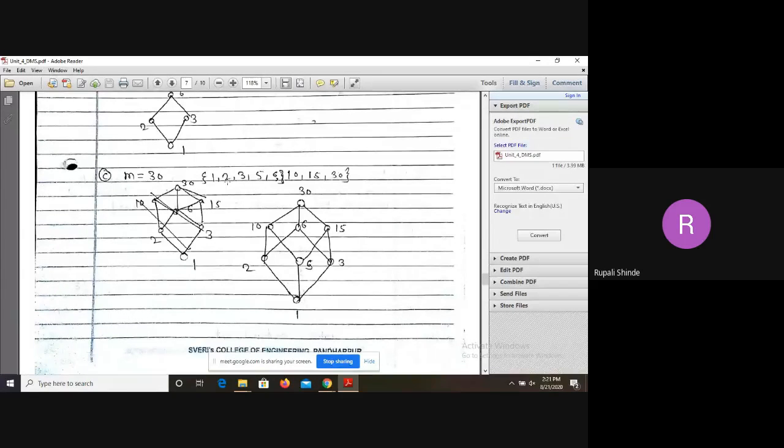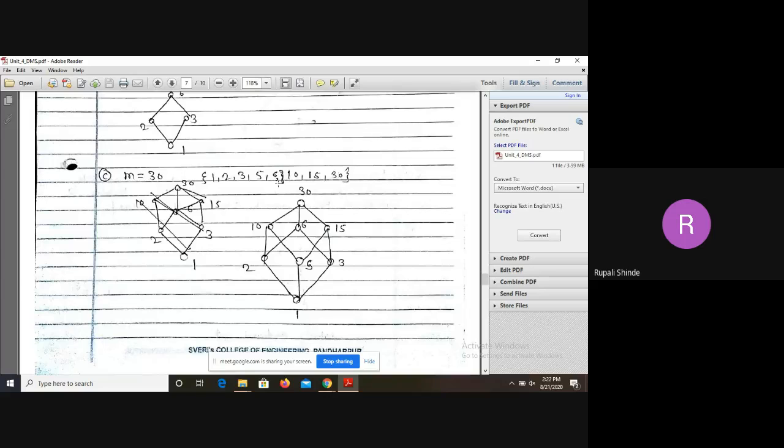Now the next element is 2. 1 divides 2, that's why 1 and 2 are connected by a direct line. Next element is 3. 2 cannot divide 3, but 1 divides 3, that's why 1 and 3 are connected by a direct line. Next one is 5. 1 and 5 are connected because 1 divides 5.